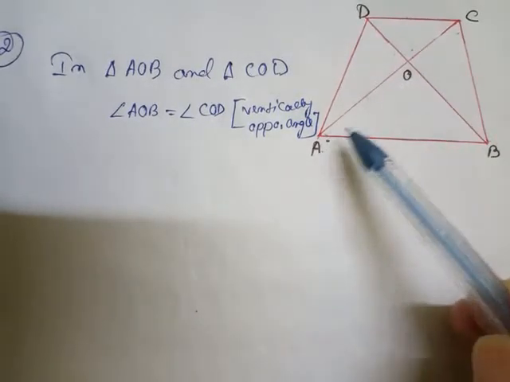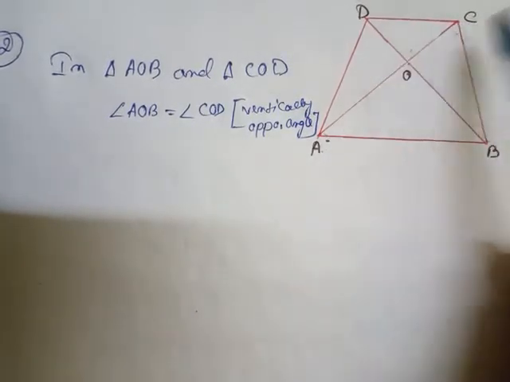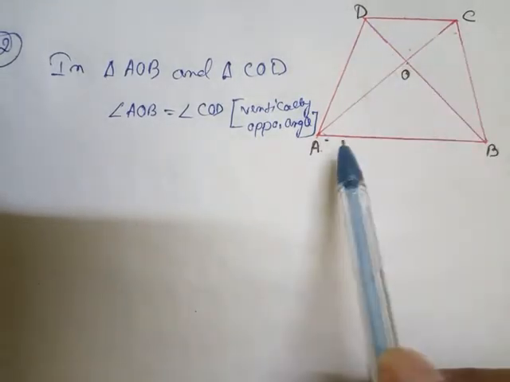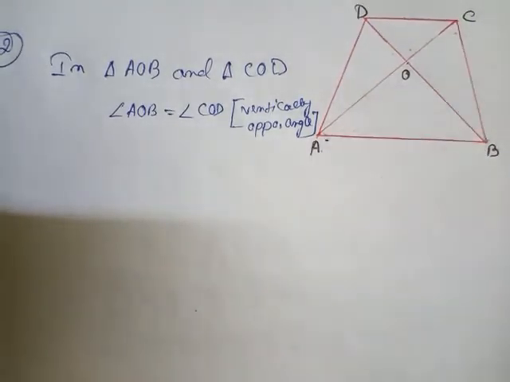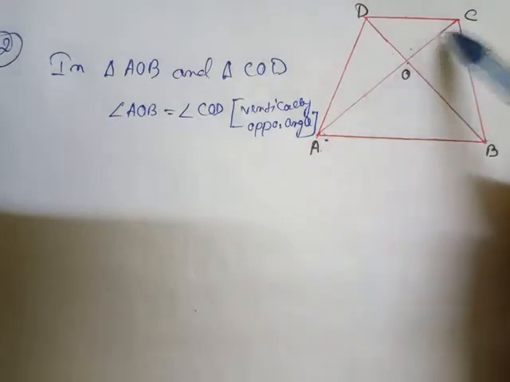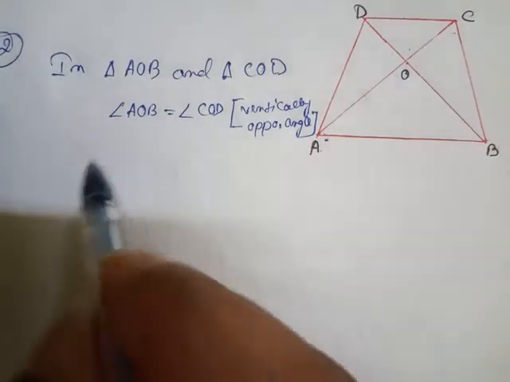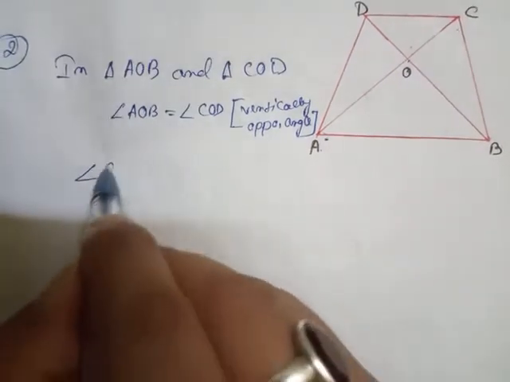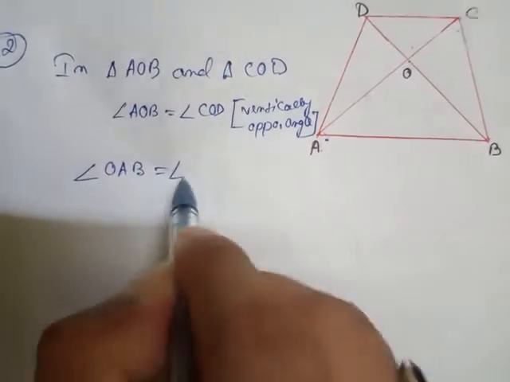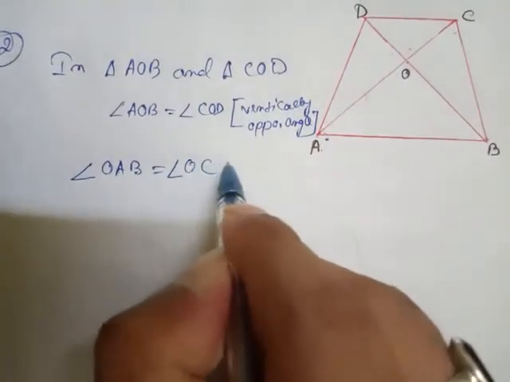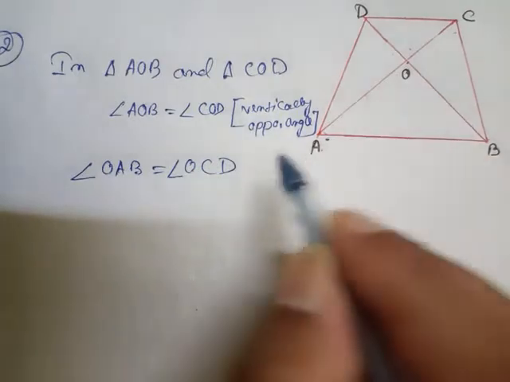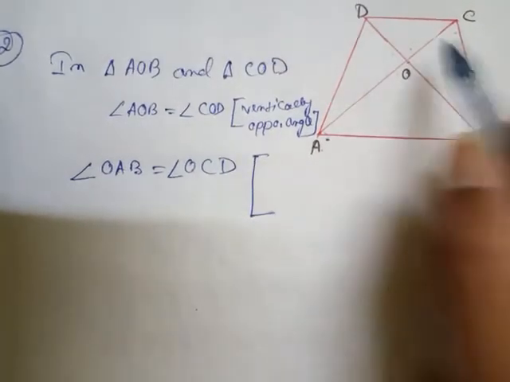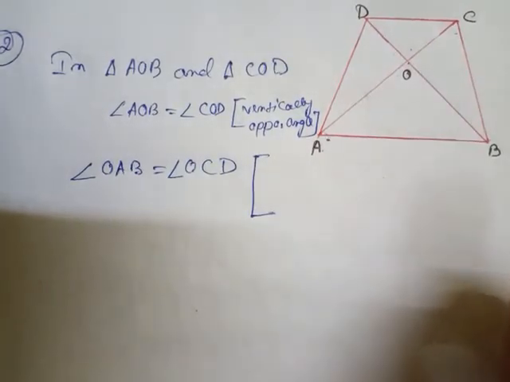Now second one, students: angle OAB, which means this angle, and angle OCD, which means this. Why? Because CD is parallel to AB and AC is the transversal, so these two angles are alternate interior angles. So we'll write down here, angle OAB equal to angle OCD. Reason: AB parallel CD, it is given in the question.